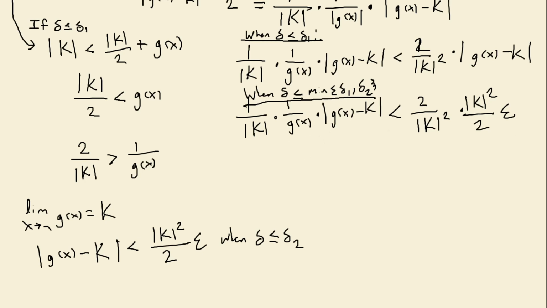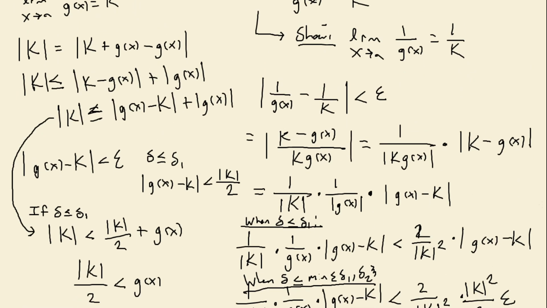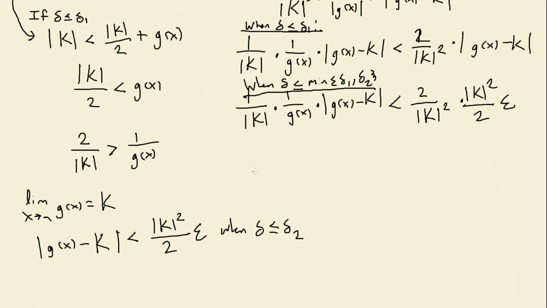This expression right here we derived all the way back from the beginning from 1 over g of x minus 1 over k. And so this is just equal to the absolute value of 1 over g of x minus 1 over k.